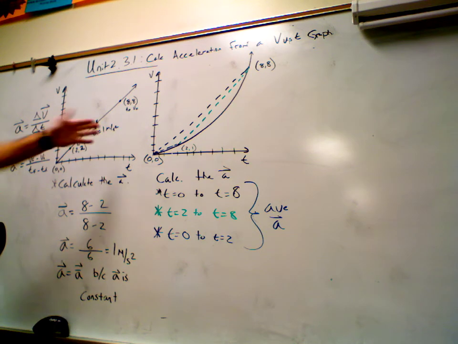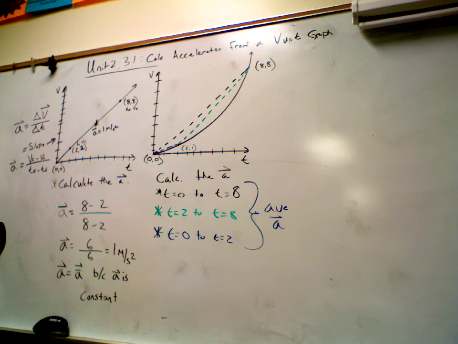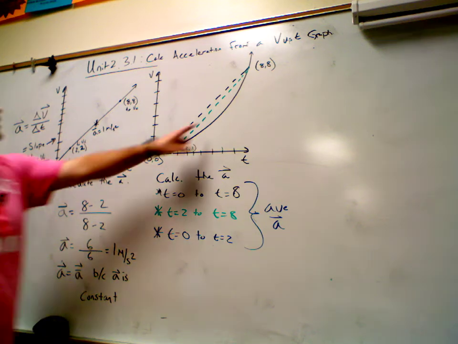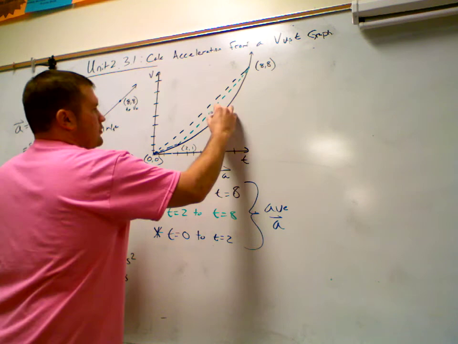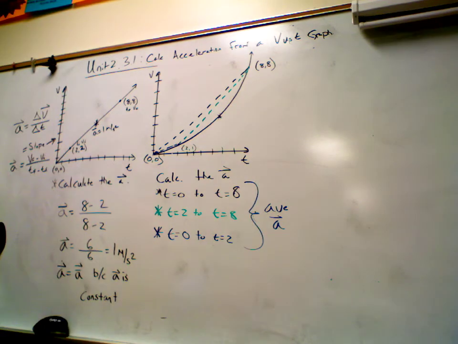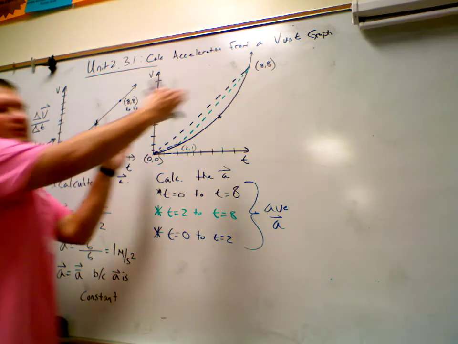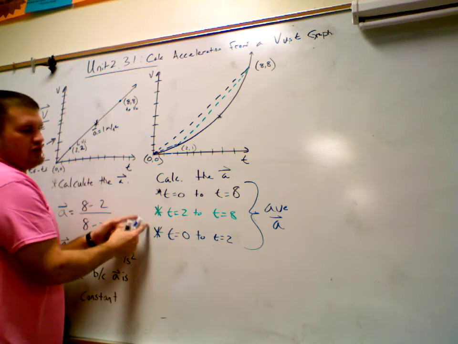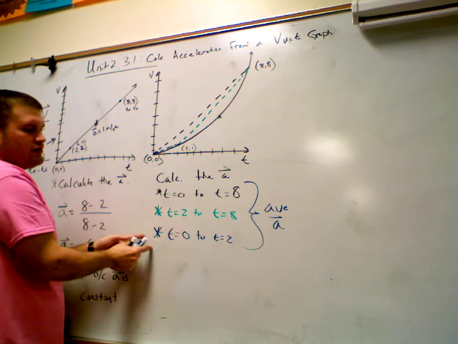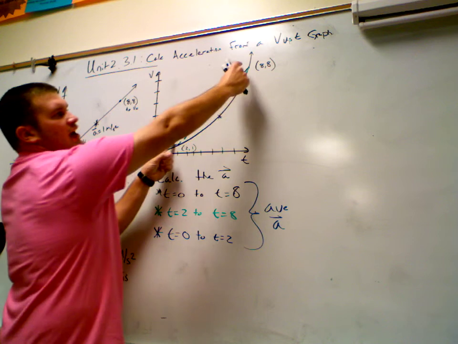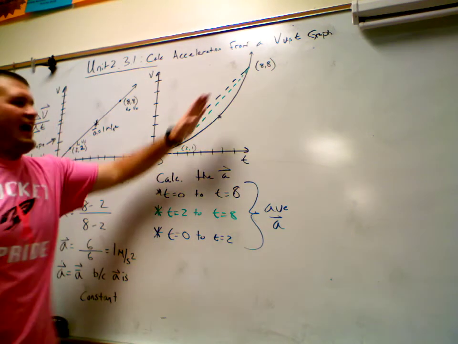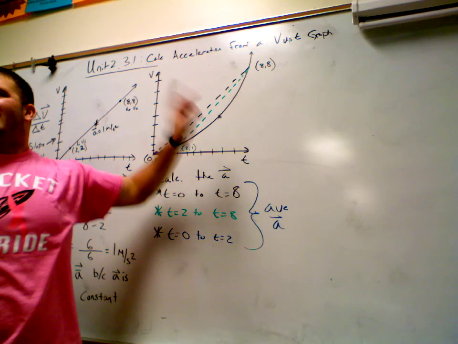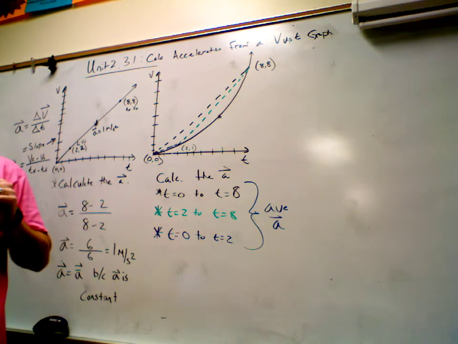Now, which of these lines is closest to the acceleration at this spot right here? The green one, okay? Because as we make our time window, t equals 2 to t equals 8, t equals 0 to 8, or t equals 0 to 2, closer and closer to that point, we get closer to the actual acceleration at that specific spot, right?